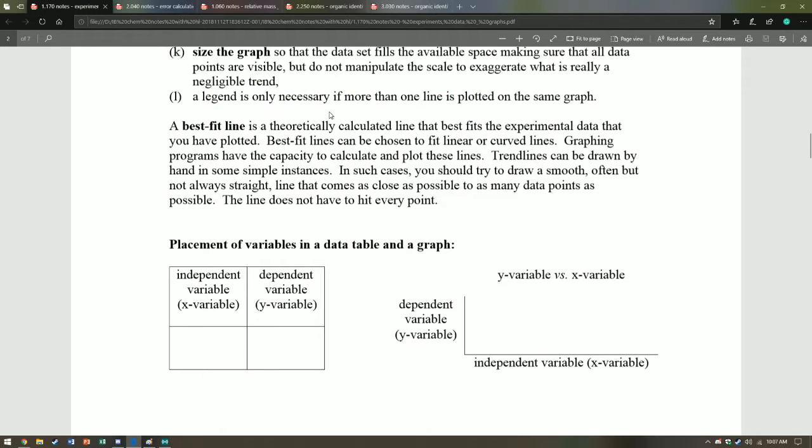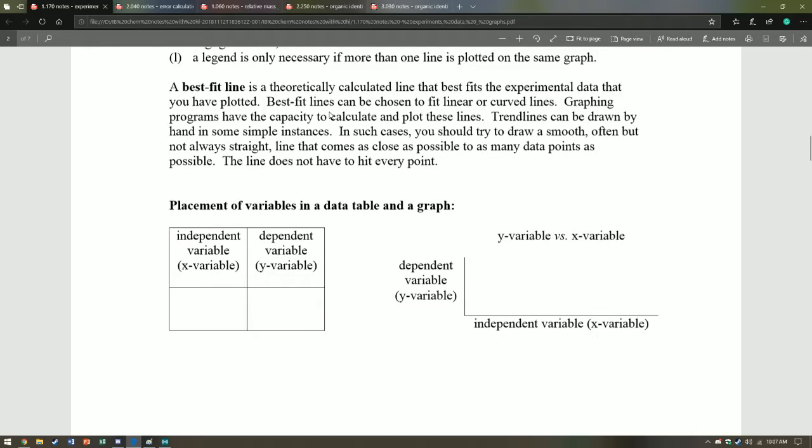A line of best fit is a theoretically calculated line that best fits the experimental data that you've plotted. Best fit lines can be chosen to be either linear or curved. The way we can measure how strongly the line of best fit correlates between the x and y variables is by using a value known as r squared, the Pearson squared correlation coefficient.